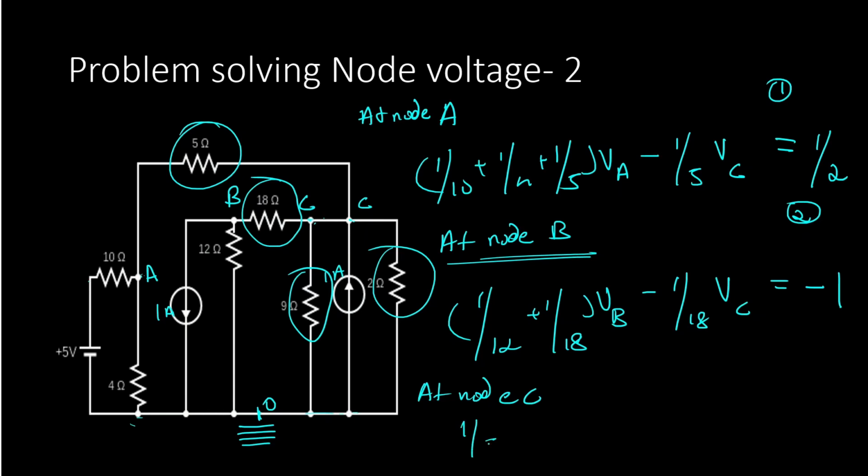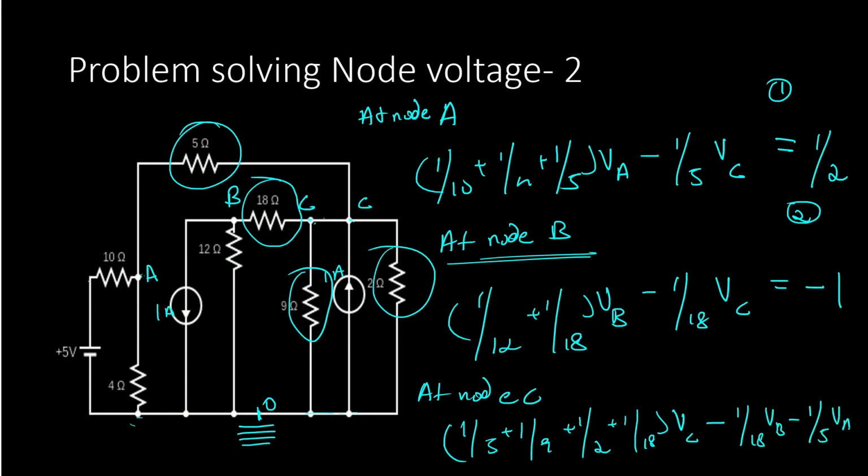So (1 by 5 plus 1 by 9 plus 1 by 2 plus 1 by 18) VC minus 1 by 18 VB minus 1 by 5 VA is equal to the current entering, which is 1. A current source is entering node C, so that's 1. So you see that we have three equations and three unknowns that can be solved using matrix theory.